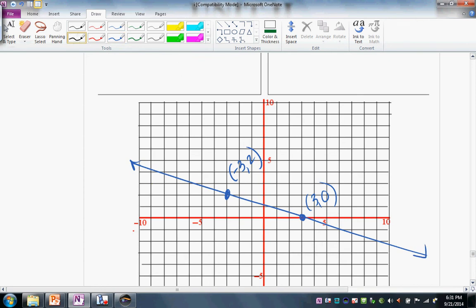Bunny hop it with me, please. Ready? 1, 2. 1, 2, 3, 4, 5, 6. So that's 2 over 6, which reduces to 1 over 3, but again, we have a negative line. Goes down from left to right. So the slope for this first line is negative 1 over 3.